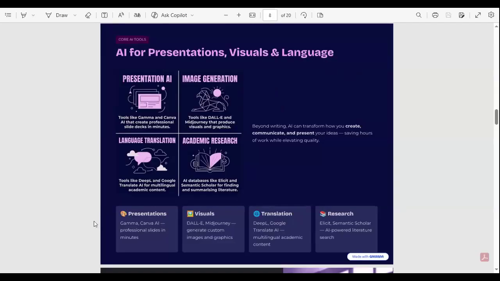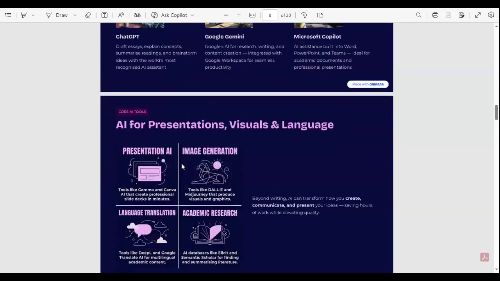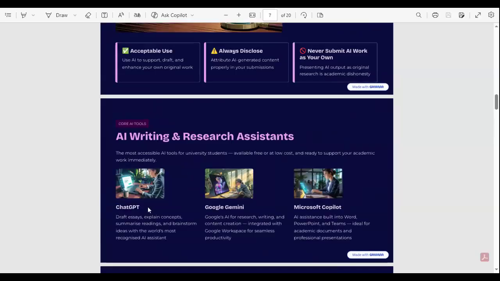What do you want? What can you do with these specific tools? With ChatGPT, okay, it is the most positioned AI tool, because most people also use it as a Google reference, as a search engine, let's say.